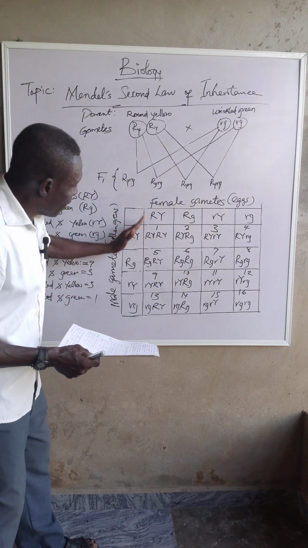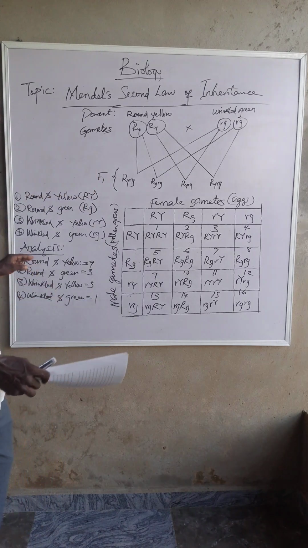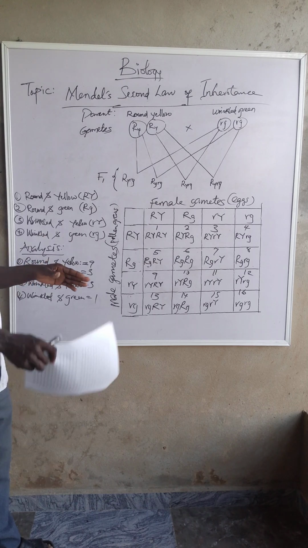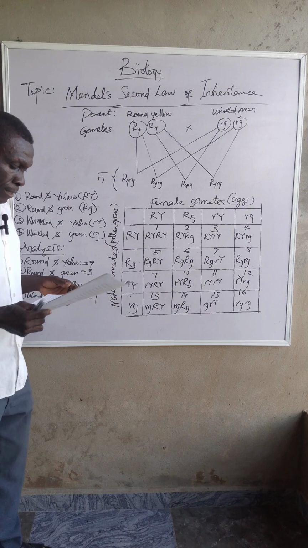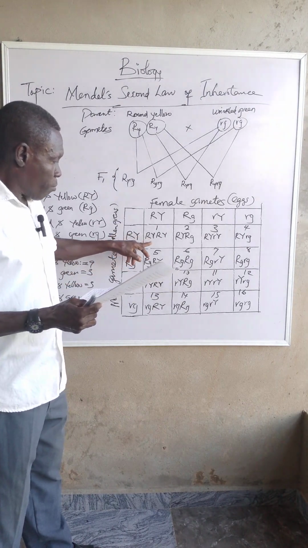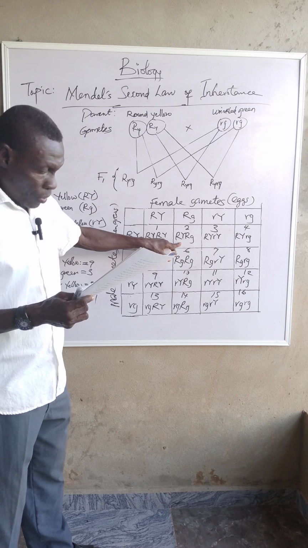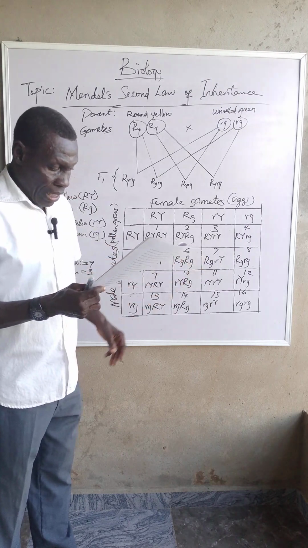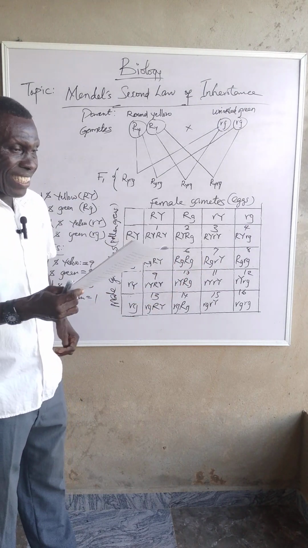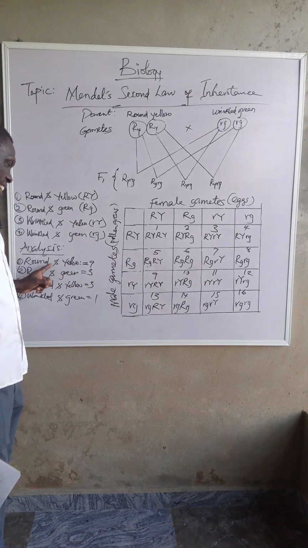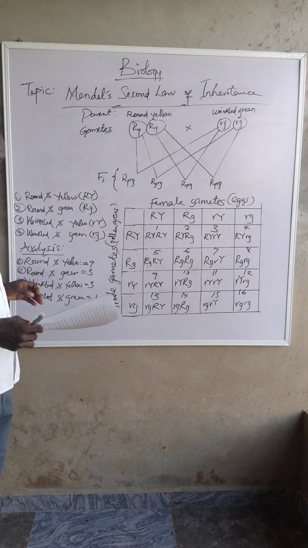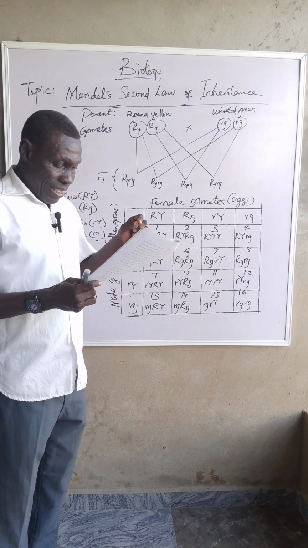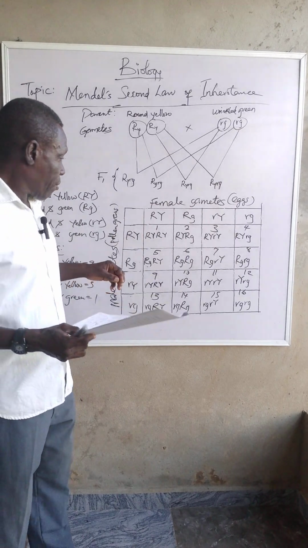Now, having come up with this result, in the analysis, the seeds that appear round and yellow were 9. You can see them: numbers 1, 2, 3, 4, 5, 7, 9, 10, and 13. Those that are round and green are numbers 6, 8, and 14.